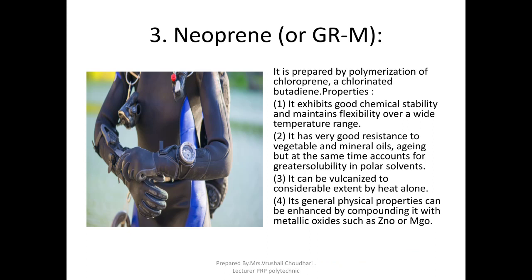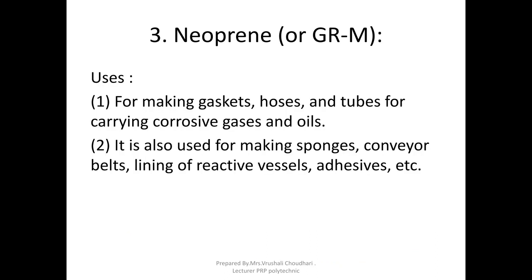General physical properties can be enhanced by compounding it with metallic oxides like zinc oxide and magnesium oxide. It is used for making gaskets, hoses and tubes for carrying corrosive gases and oil. It is also used for making sponges, conveyor belts, lining of reactive vessels, as well as adhesives.